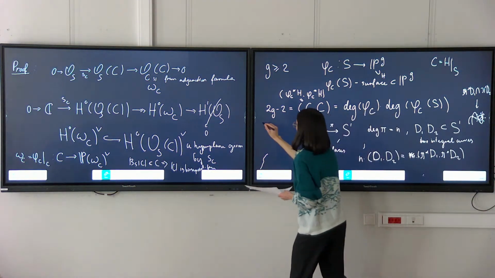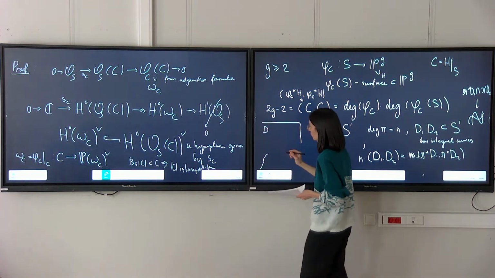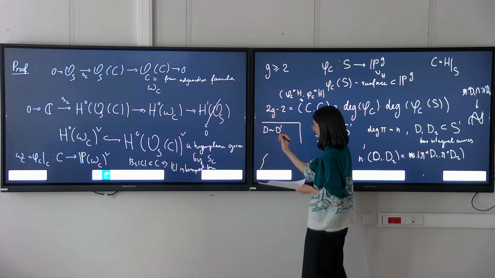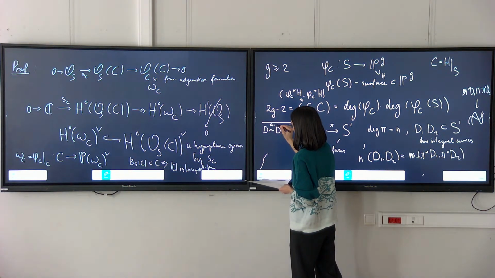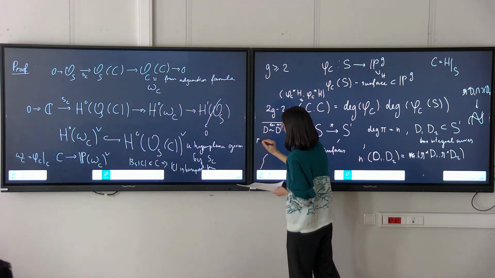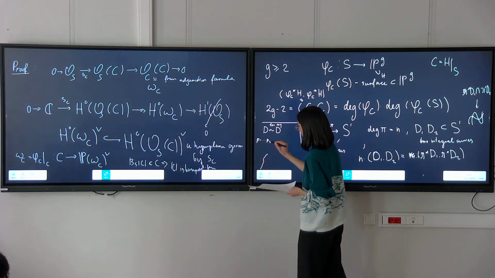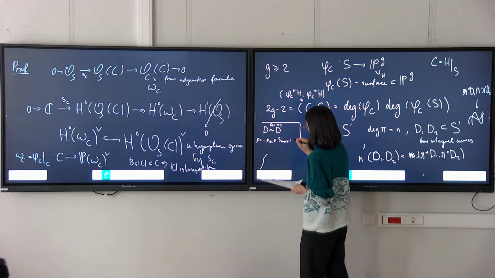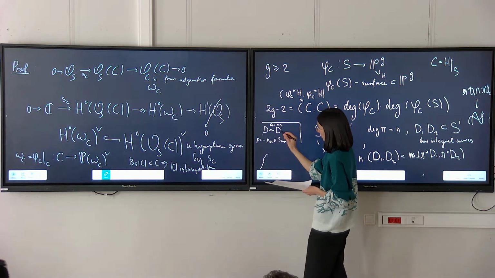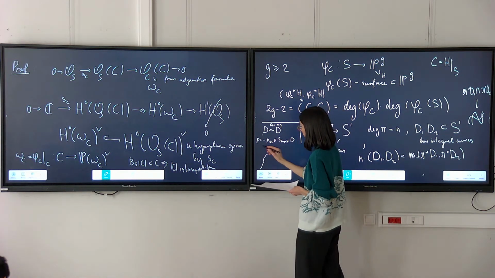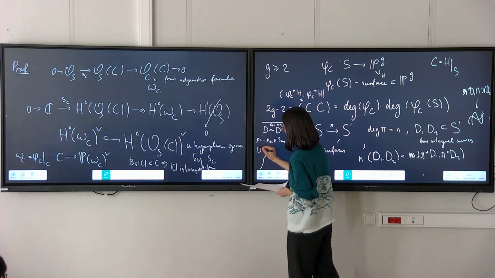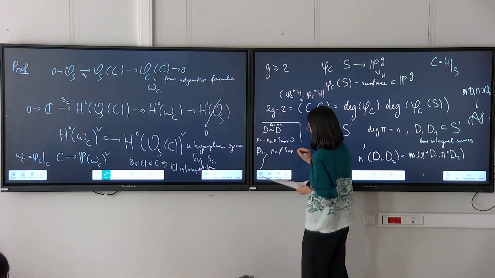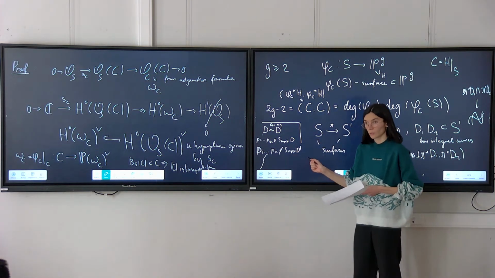So the statement: if we have some divisor D, we can always find a divisor D prime that is linearly equivalent to D, and for any points P1, ..., Pn in the support of D, we can find D prime such that P1, ..., Pn are not in the support of D prime.